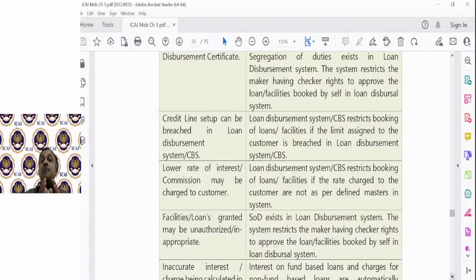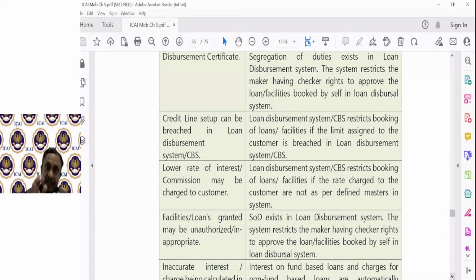Now let us read this. Credit line setup can be breached. Means what? That the restriction is that 10 crore stock statement, 30% margin, a borrower can get maximum 7 crore. If this is breached, means the borrower gets anything beyond 7 crores or crosses that, then that is called a breach.